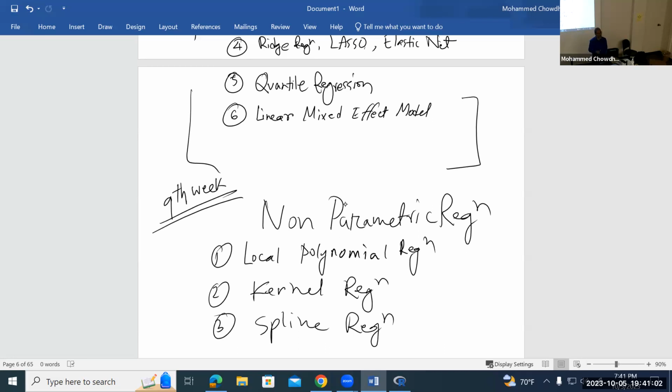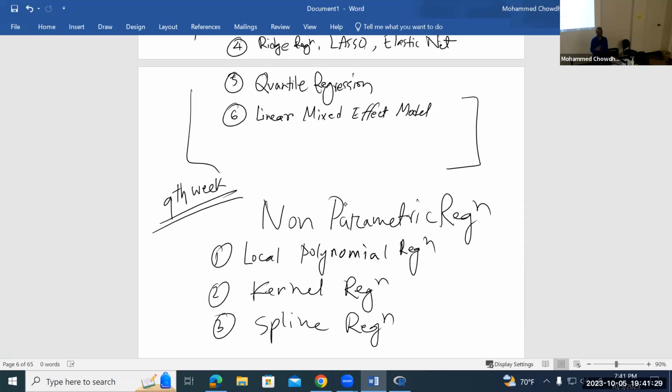Okay. Remember, this course and the materials will be very important for your life if you do research or if you work in the industry. These are all the predictive modelings that you are going to use. So simple regression and multiple regressions are not appropriate in many scenarios. Okay.